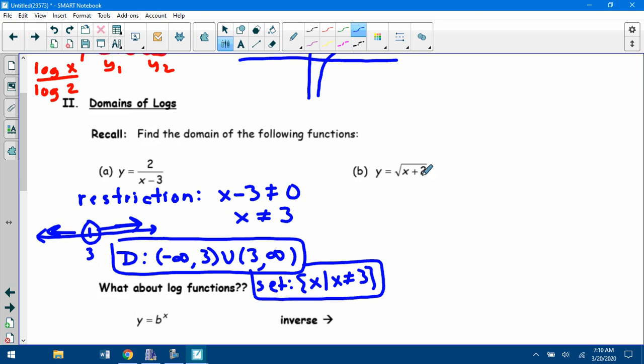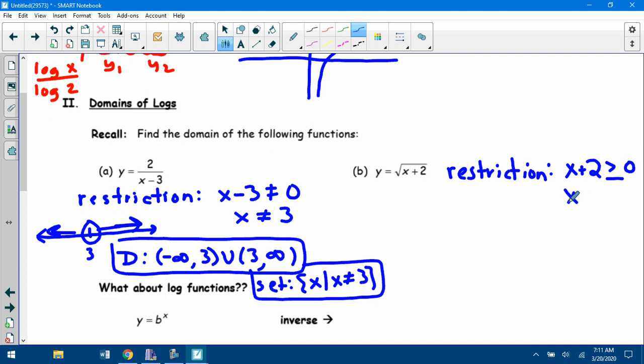What's our restriction with radicals? What are we allowed to put under radicals? We can put positive numbers, or I can put 0. So for radicals, the restriction was always whatever's underneath the radical has to be greater than or equal to 0, because I can have radical 0.